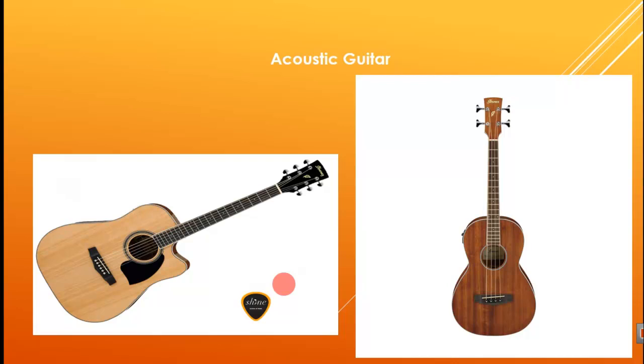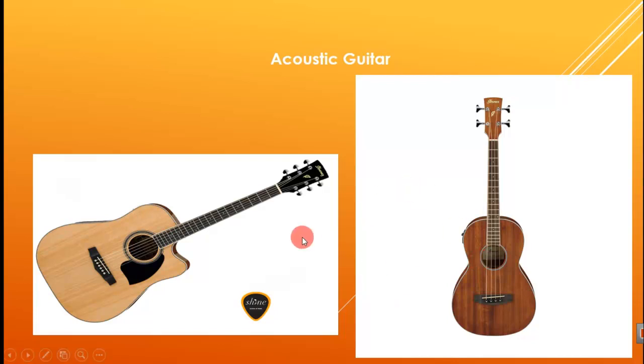We have acoustic guitars here, this one and this one. By the way, acoustic guitars are guitars that do not need electricity for them to be played. Not only guitars, but any acoustic instrument. Acoustic instruments are instruments that do not need electricity.